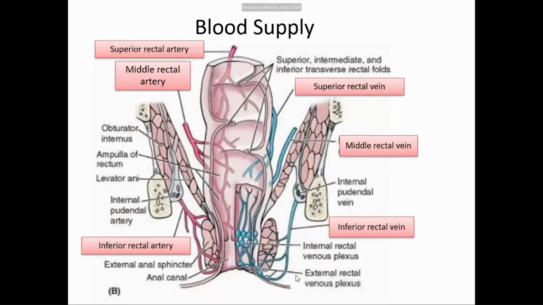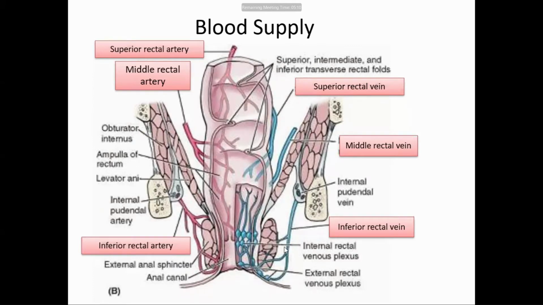The internal and external rectal venous plexuses communicate freely. The internal rectal venous plexus drains into the portal system, whereas the external rectal venous plexus drains into the systemic veins.